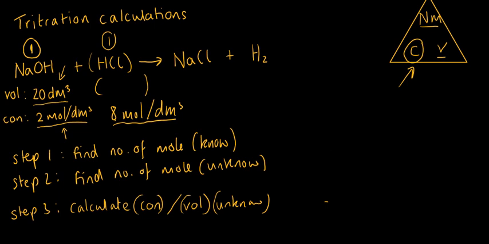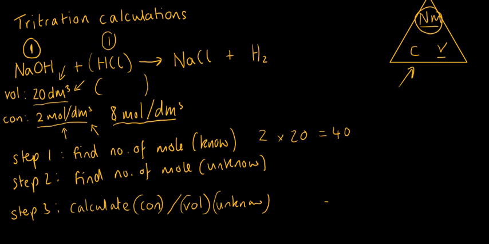First, find the number of moles of the known. Number of moles is my concentration 2 times my volume 20, which gives me 40.